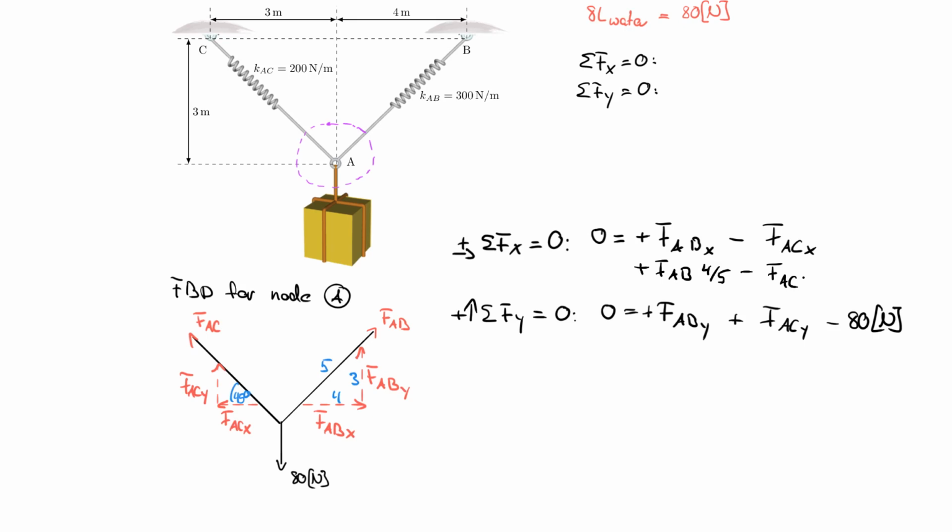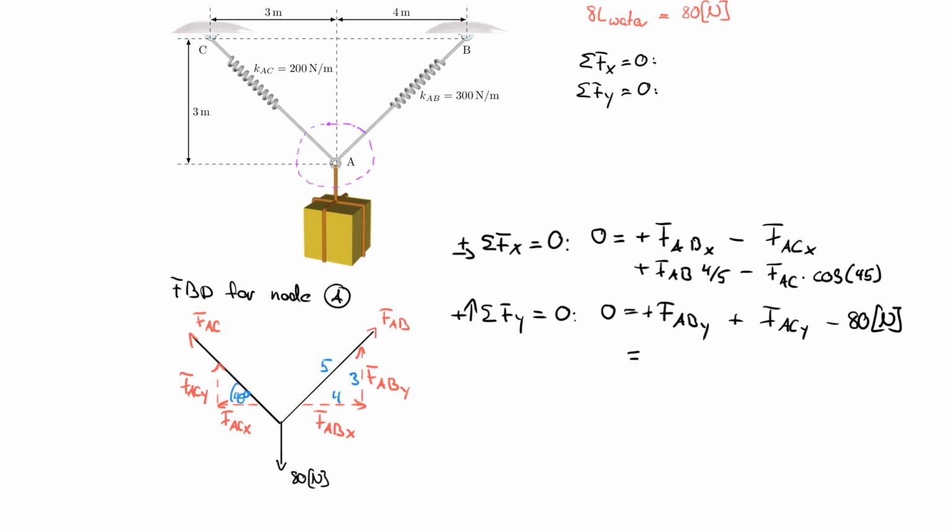FAC times the cosine of 45. Or actually the square root of 2, right? It's a 45-degree angle, so you could also divide it by the square root of 2, but let's not do that. Let's use the sine and cosine. So multiplied by, this is the x direction, so I prefer to use cosine. Of course, it's the same for 45 degree angles, but that doesn't make a difference. I want to stay consistent.